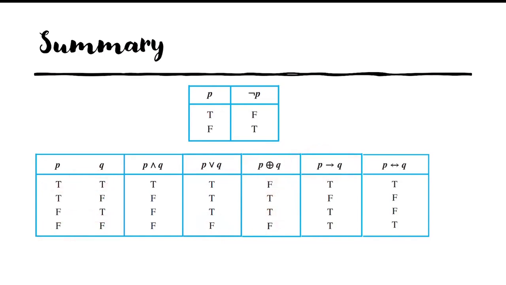For the implication, it's only false if the hypothesis is true and the conclusion is false. We spent a lot of time on implication. And for the biconditional, or if and only if statement, they will either be both true or both false. So the truth value of one proposition implies the other, and vice versa. If P is true, Q must be true. If P is false, Q must be false. The other way around too.